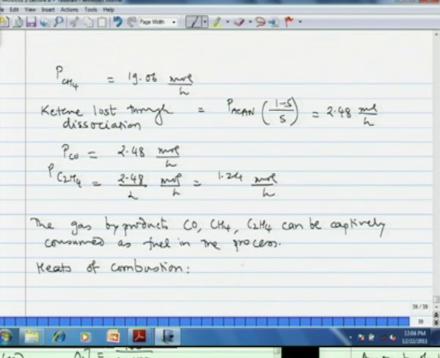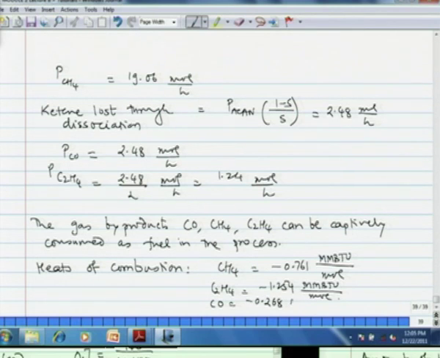For methane, the heat of combustion is minus 0.761 million BTU per mole. For ethylene, minus 1.254 million BTU per mole, and for carbon monoxide it will be minus 0.268 MMBTU per mole.